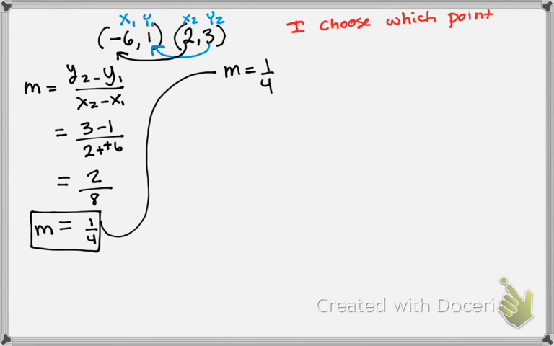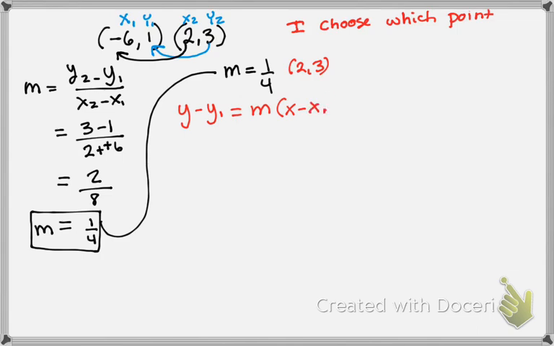Okay. I'm going to choose 2, 3 because there's no negatives there. And now, I've got a slope and a point, so what am I going to use? Point slope formula. What is it? Y minus y1 equals m times the quantity of x minus x1.